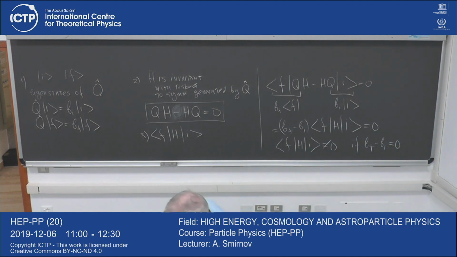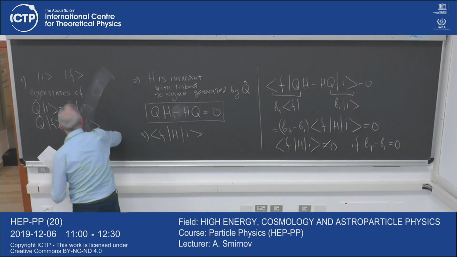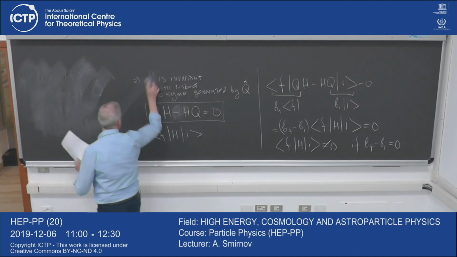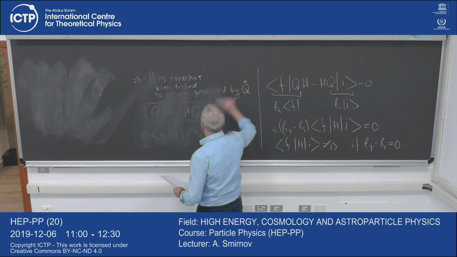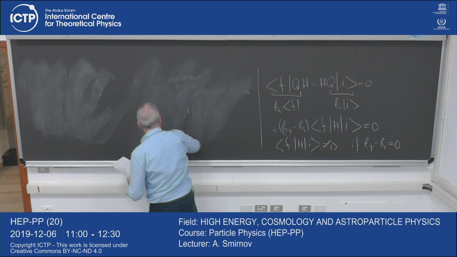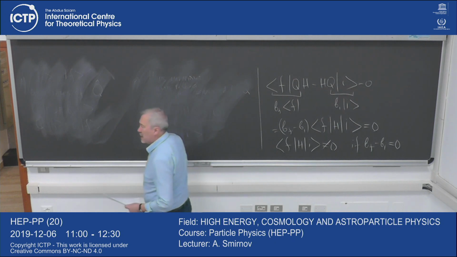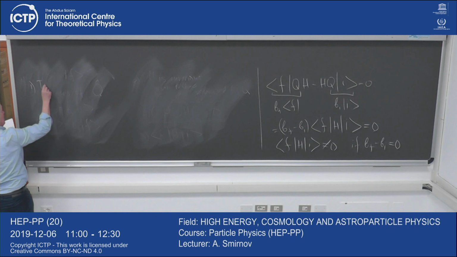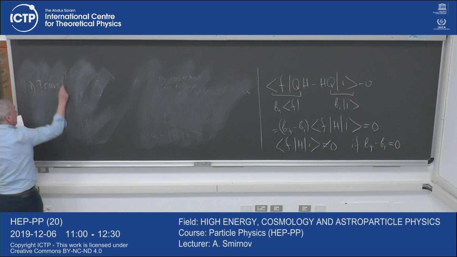So now I will start to discuss various symmetries, and the plan will be the following. As we said already, to define the symmetry means to define transformations. So in all the cases, we start with the definition of transformations.